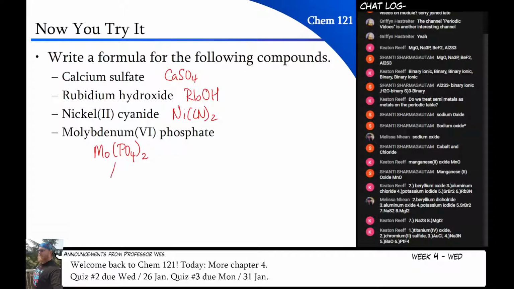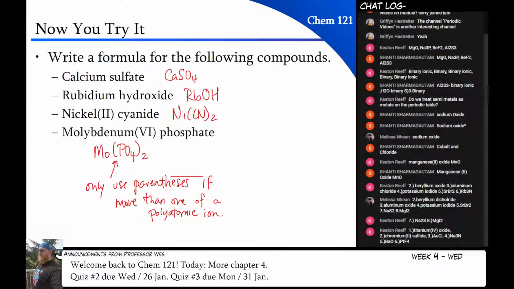The last few slides deal with parentheses, so only include parentheses if there is more than one of a polyatomic ion. So if you have multiple cyanides, use parentheses.